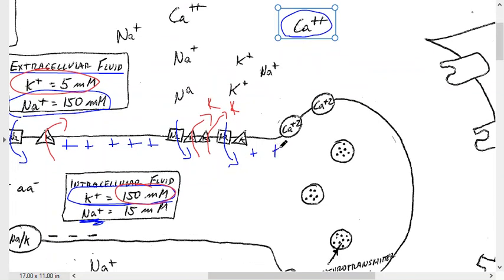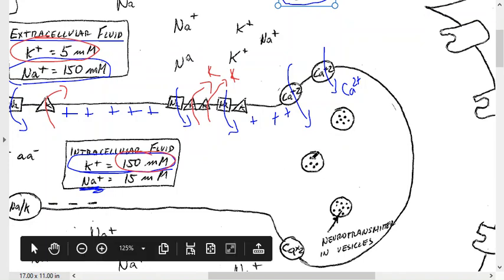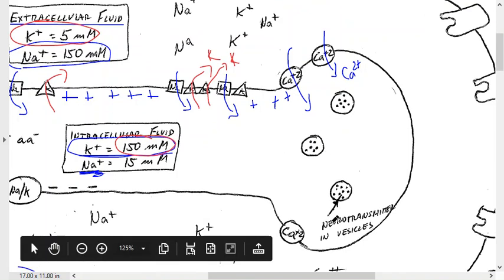So when the voltage hits these channels, calcium is going to diffuse in to the end of this cell. And it is going to cause the exocytosis of these vesicles. These are vesicles that contain what are called neurotransmitters. These are proteins that are going to signal the adjacent cell.